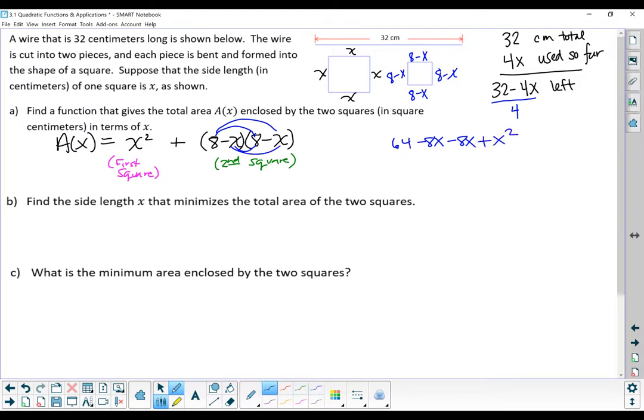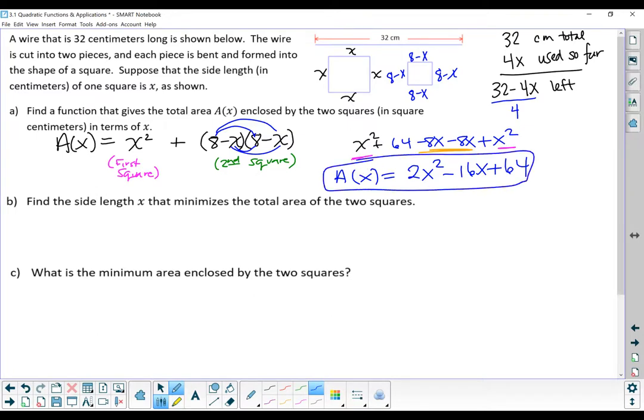Now that was just the second square, so we still have the x squared from the first square as well. So if we combine up our terms, we end up with a total area of 2x squared minus 16x plus 64. So that's just combining the two x squared terms together and combining those two negative 8x's together. So this is our area equation.